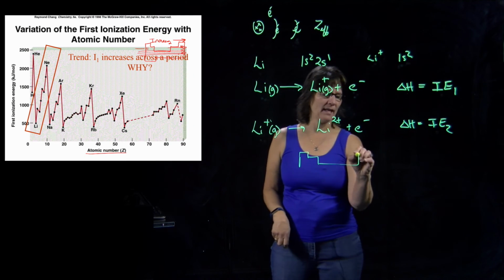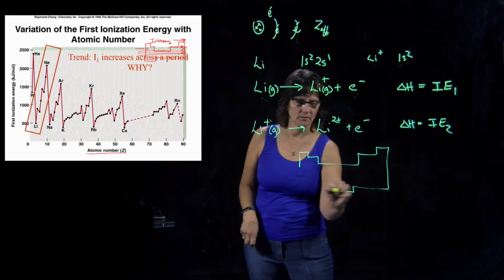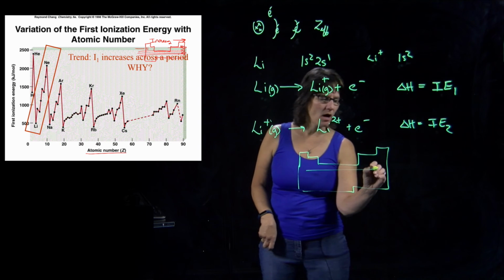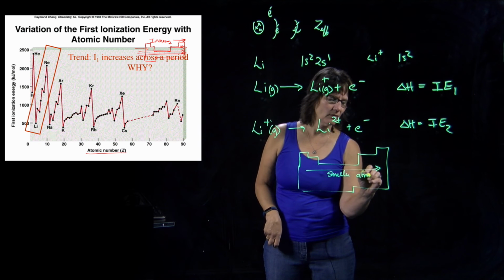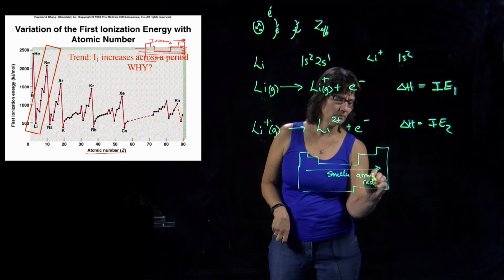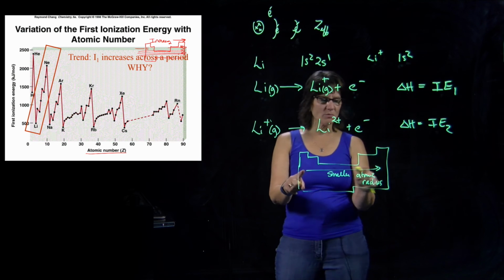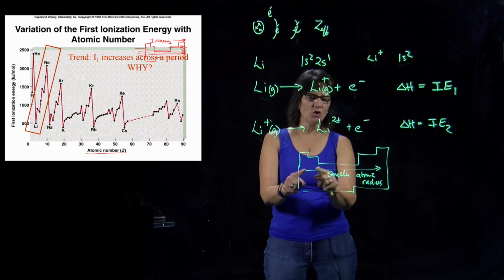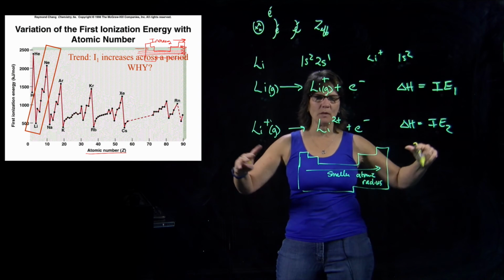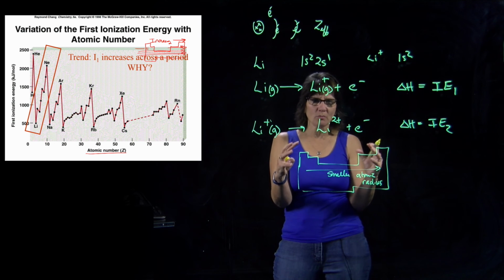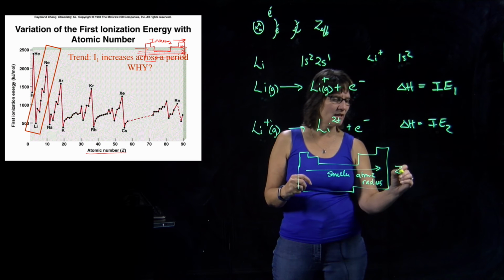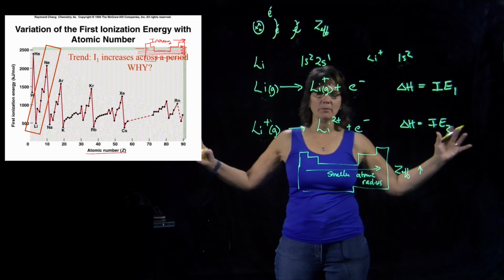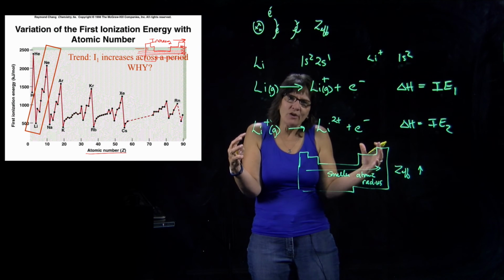Okay, so we'll schematic out a periodic table here real quick. We know that the atomic radius got smaller as we went across, didn't it? It got smaller and smaller. Why? Because the effective nuclear charge increased. Those atoms are being pulled in smaller and smaller. Well, if they're being pulled in smaller and smaller because the Z effective is going up, it's getting held on tighter and tighter.